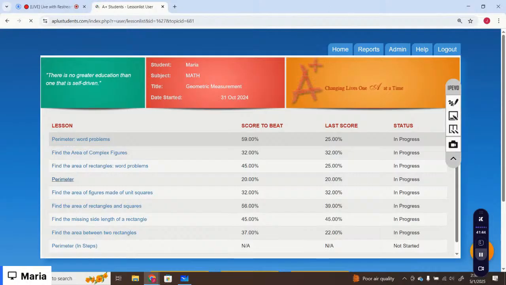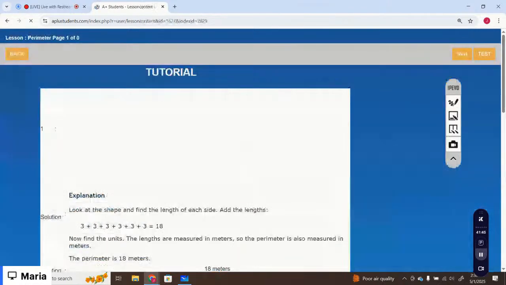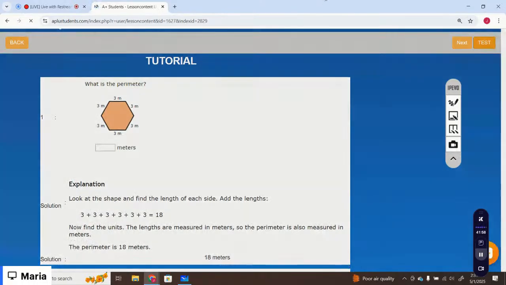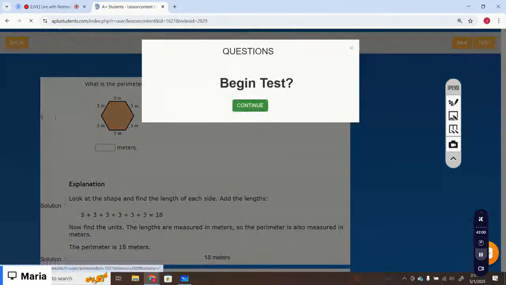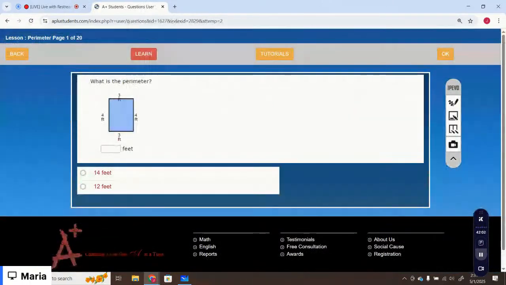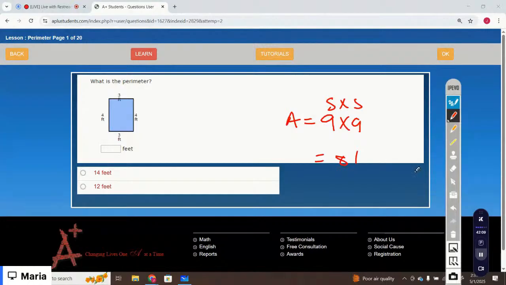The next lesson is perimeter. Let's just start with the test question. What is the perimeter? For the perimeter, you need to add all the side lengths.